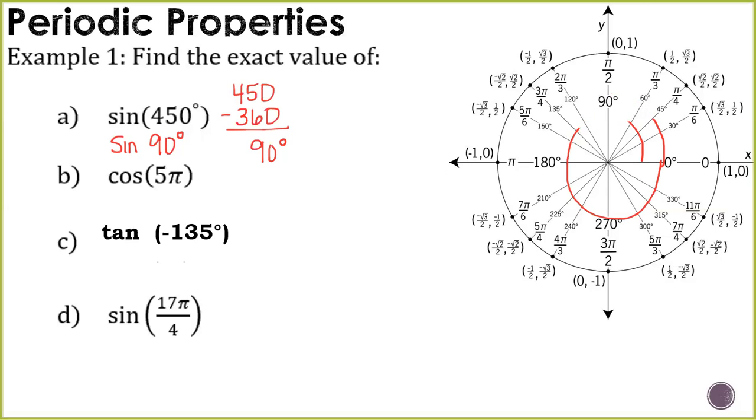So the sine of 450 degrees is 1, because sine is your y value. So that equals 1.